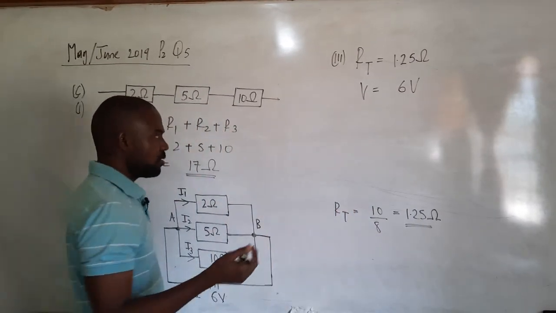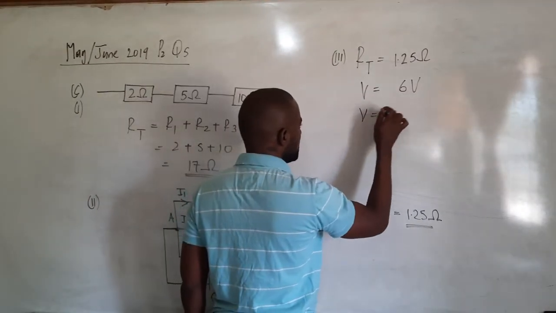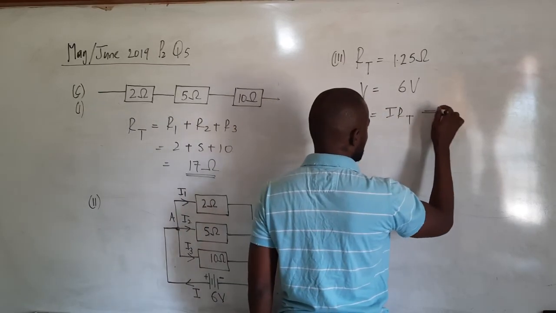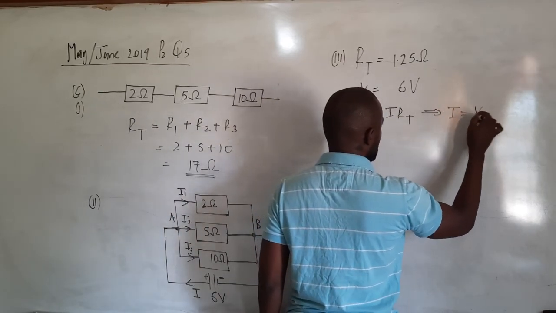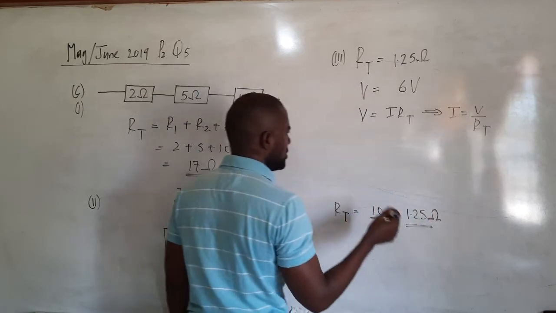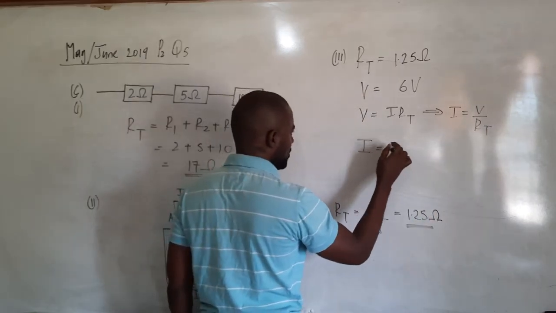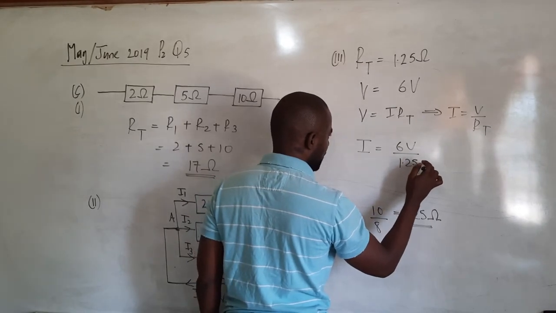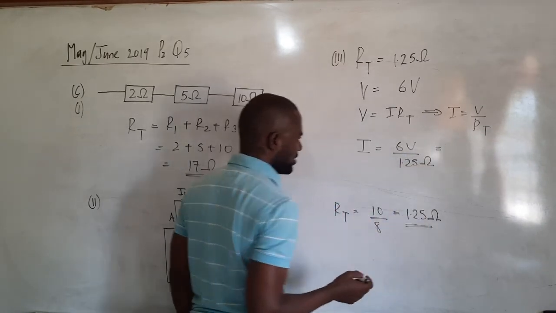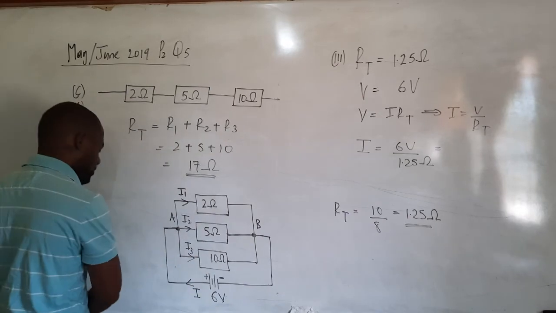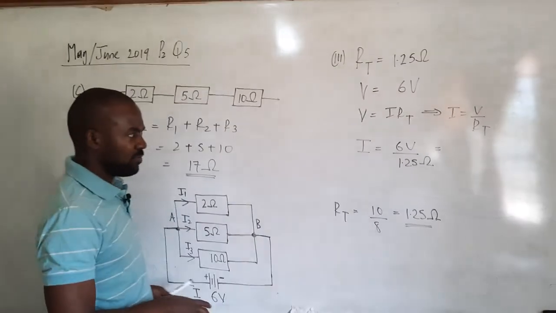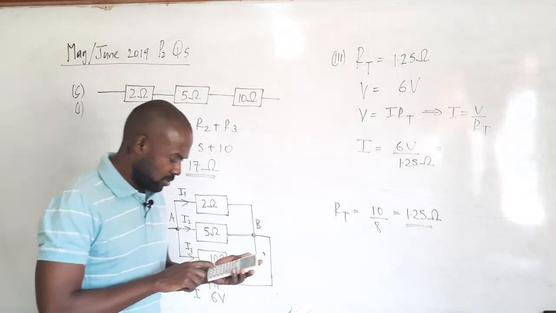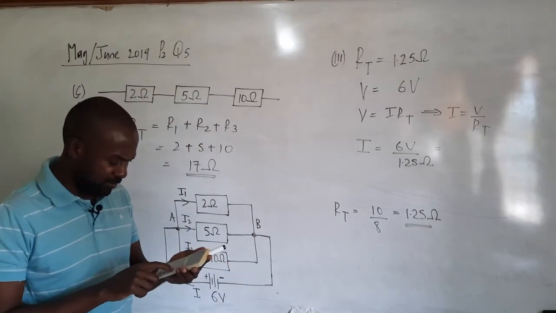By Ohm's law, we have the equation V equals I RT, which means I equals V over RT. So the current flowing, I, is equal to 6 volts divided by 1.25 ohms. And what does that give us? 6 divided by 1.25.